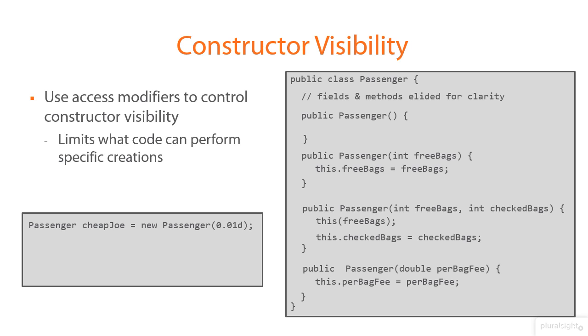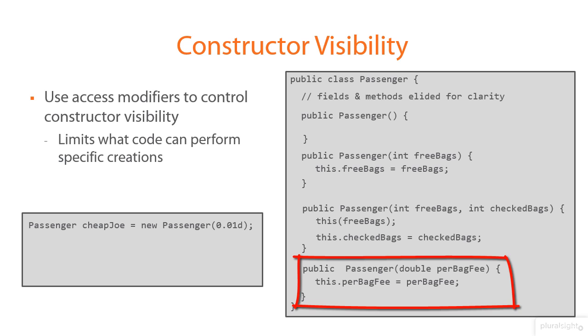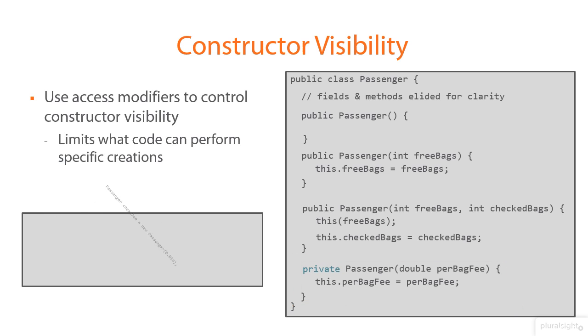We don't want Cheap Joe to come along and just create himself as a passenger where he pays a penny a bag. So we probably don't want that broadly accessible. So for our constructor that accepts the baggage fee, instead of being public, go ahead and make that private. By making it private, it can't be called from the outside. It can only be called from within our class.